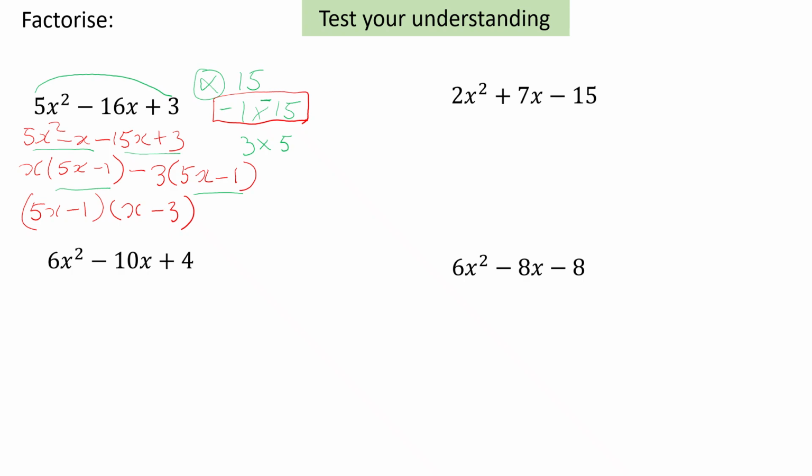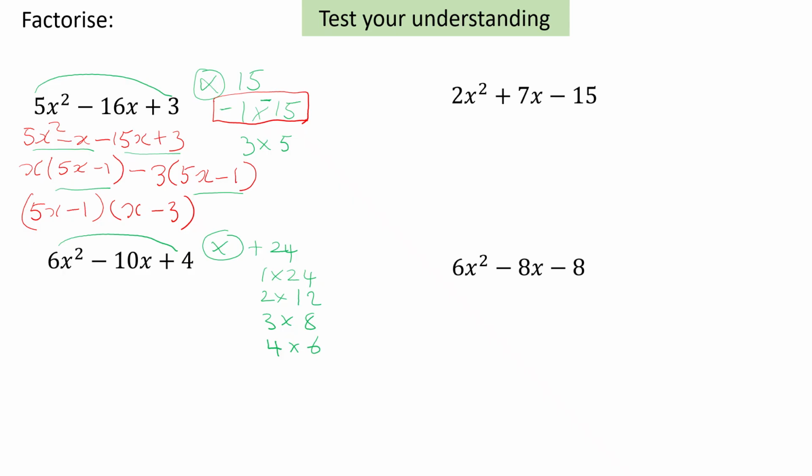6x squared minus 10x plus 4. If you multiply to get positive 24, the factors of 24 are 1 times 24, 2 times 12, 3 times 8, 4 times 6.